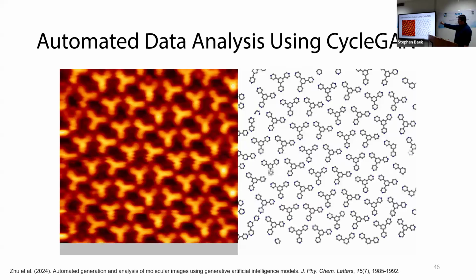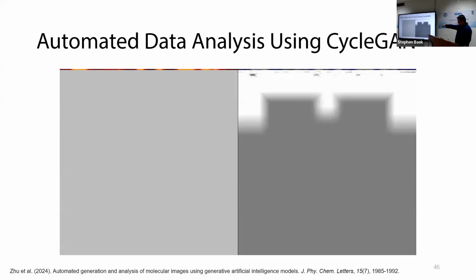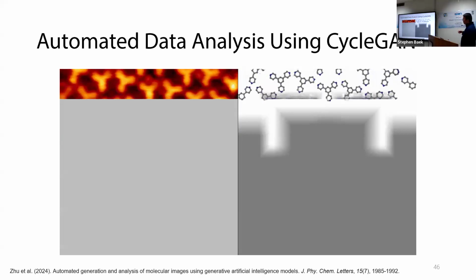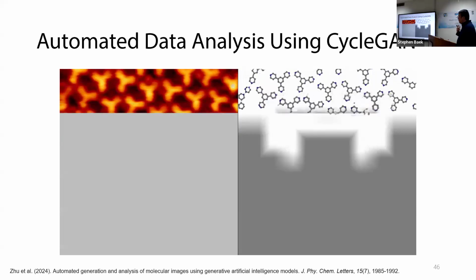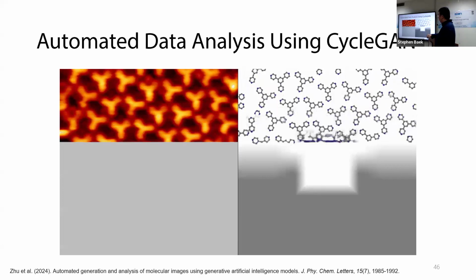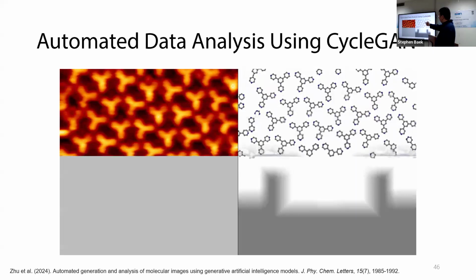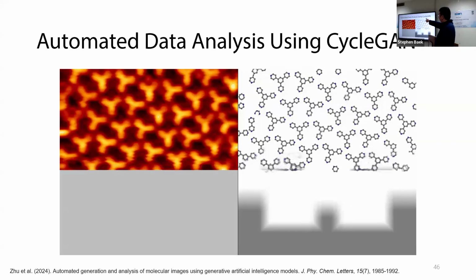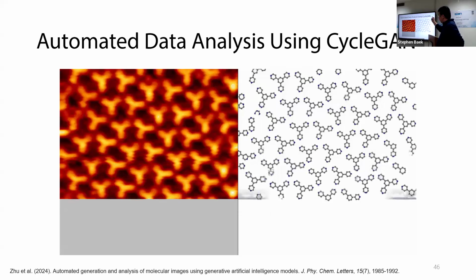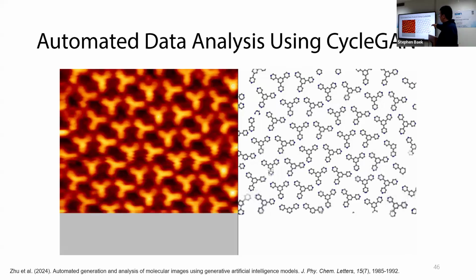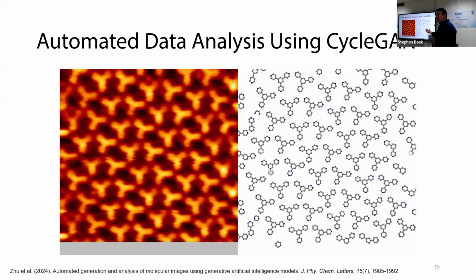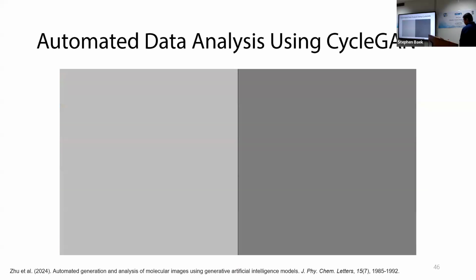We have the microscope image on the left, and on the right, we have the synthetic molecular structure generated using cycle GAN. As your electron microscope scans through a chemical structure, a microstructure, cycle GAN can be used to generate corresponding molecular images that correspond to the microstructure image. The authors present a way to automate the process of experiment and measurement using algorithms like cycle GAN.